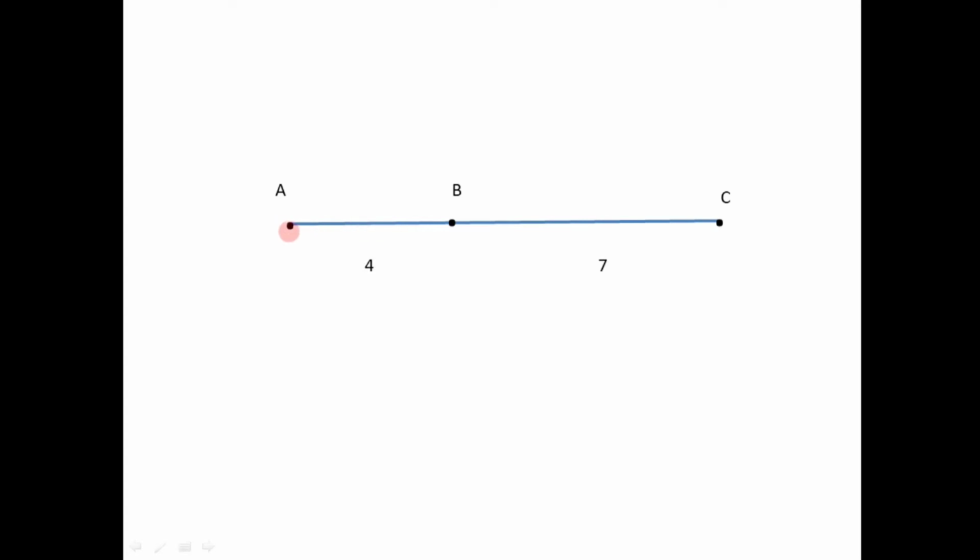For example, suppose the distance AB is 4 and distance BC is 7, and if the distance AC is 4 plus 7, that's 11, then in that case we say that these 3 points are collinear. That is, if AB plus BC is equal to AC, then we say that points A, B and C are collinear. So this is the principle we have to use to solve the given problem.